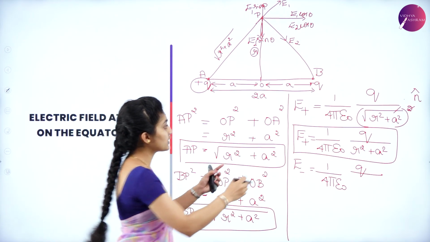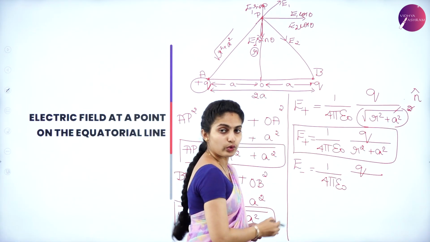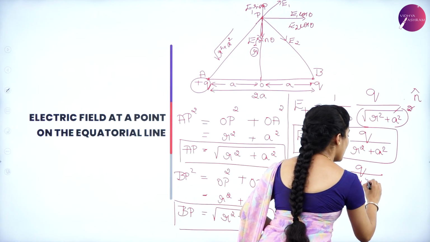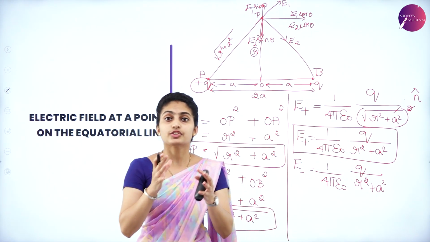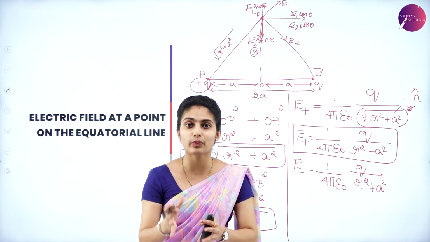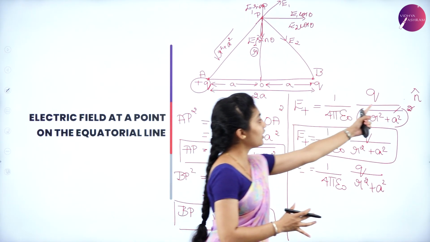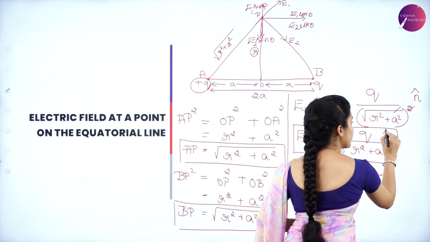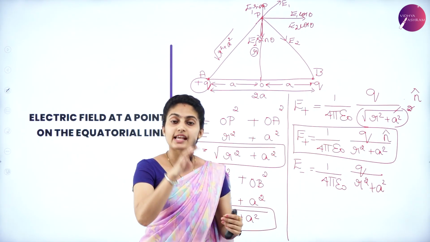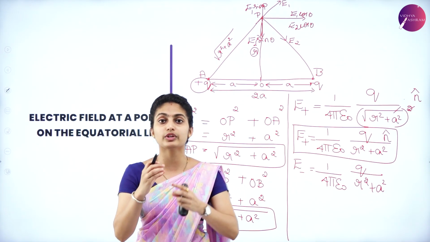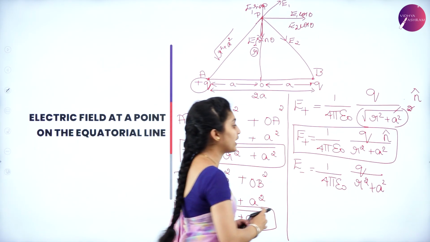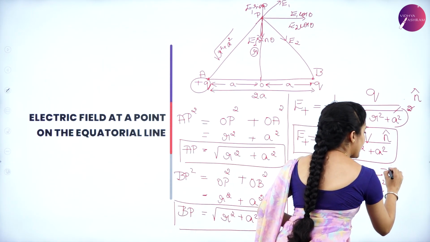The square root cancels with the square, and what remains is R square plus A square. Okay, so now you have your unit vector n cap. Since it is minus Q, a negative charge, I can write it as minus n cap.